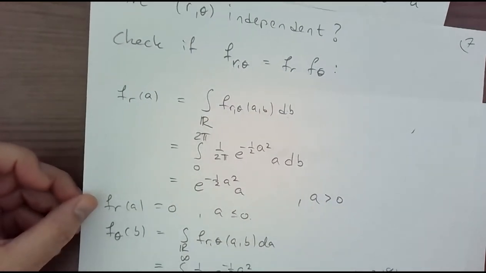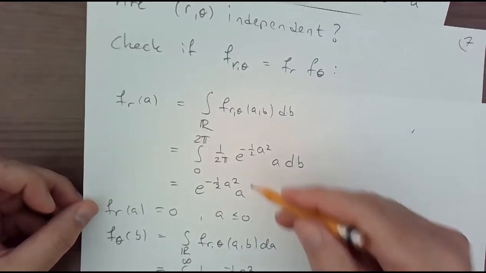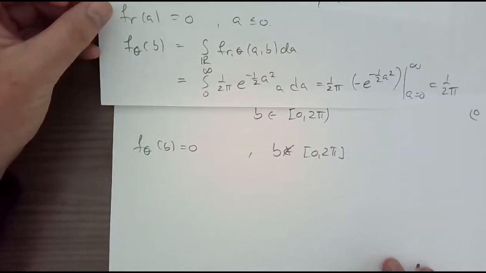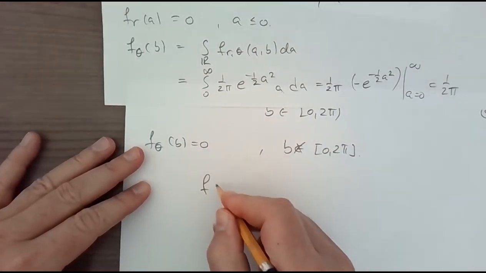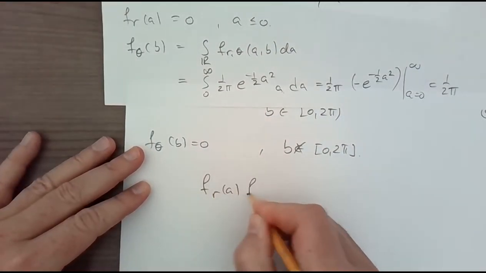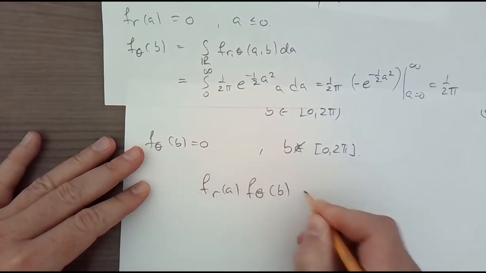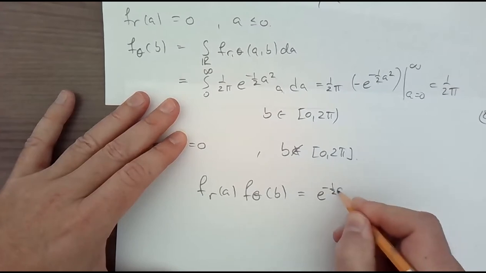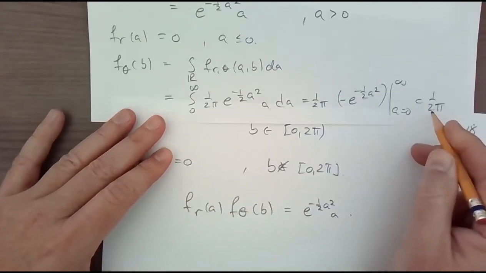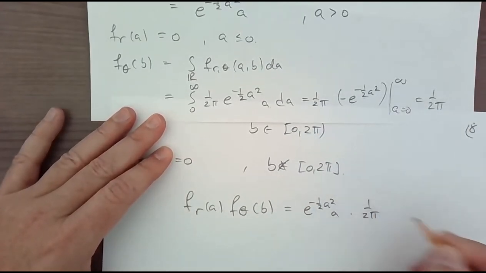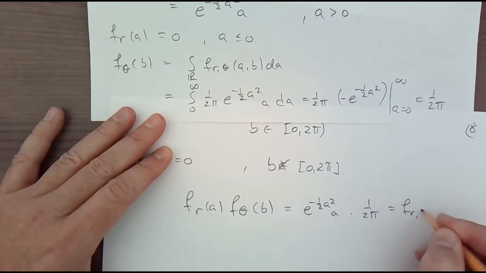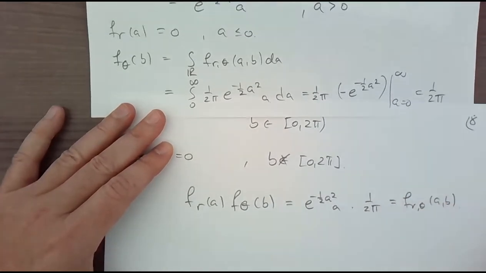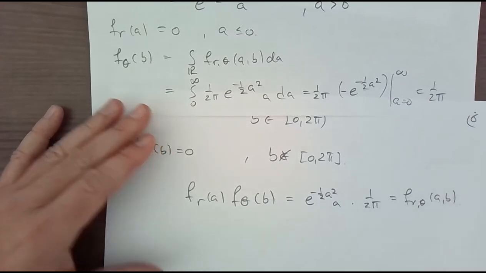And then what we want to see is, do we really have that the product of the two marginals is the same? So let's do f R of a times f theta of b. Well, this is going to be e to the minus 1/2 a squared times a, times 1 over 2 pi, and this is exactly f R theta of a and b. So they are independent.